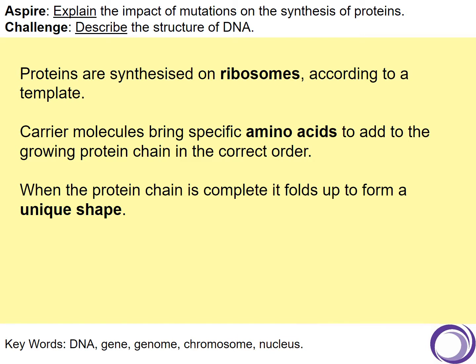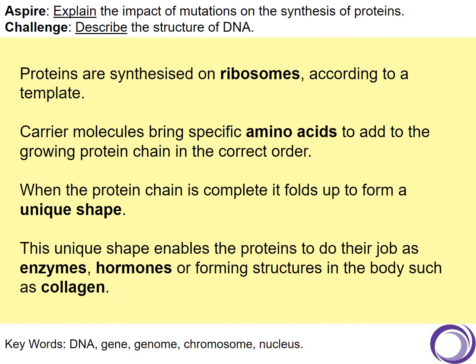So the protein chain is complete. It has a unique shape. The reason why it has to have a unique shape is you need to be producing proteins that are going to do a specific job, such as an enzyme, a hormone, or proteins that can form structures such as collagen.